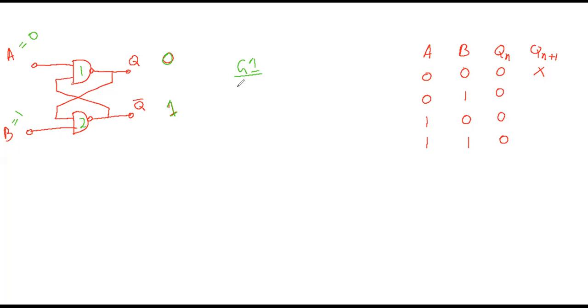A is equal to 0. So one of the inputs at gate 1 is 0. Another input is this 1 appearing here. So for 0, 1, NAND gate will give you what? 1. So it is giving a 1 here.